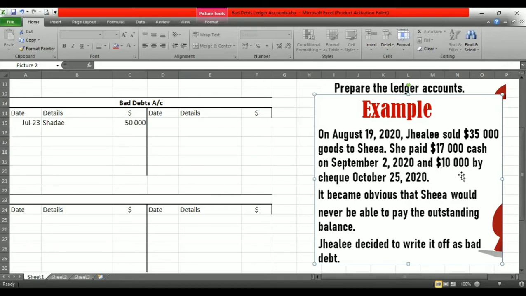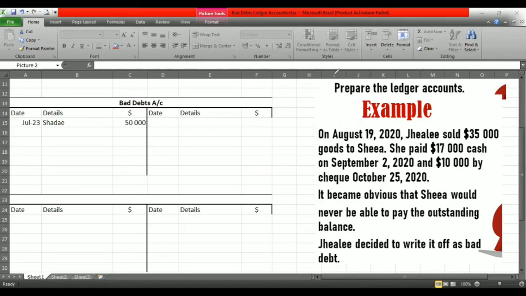This was by check on October 25th, 2020. You are required to prepare the ledger account because it became obvious that Shay would never be able to pay the outstanding balance, and Jaylee decided to write it off as bad debt.